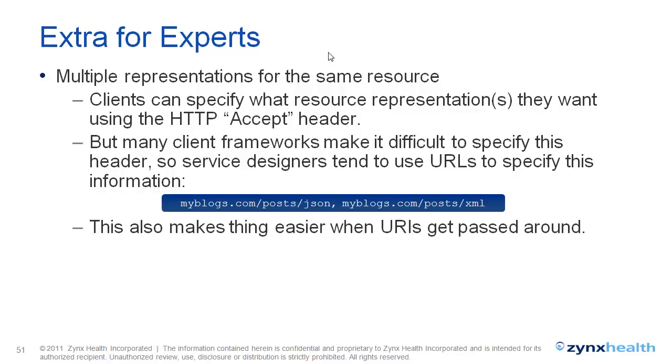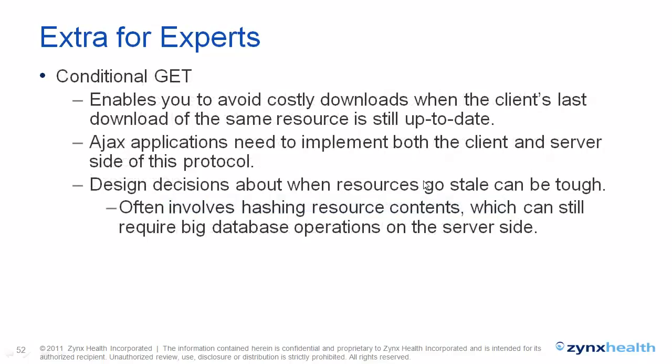But because a lot of frameworks, or early frameworks, didn't allow you to set this header, and also because this is easier when you start passing your URIs around, a lot of service interfaces instead make the representation, where multiple representations are possible, a feature of the routing, a feature of the identifier, as illustrated here, where we get our posts in JSON form or in XML form based on what URL we use.